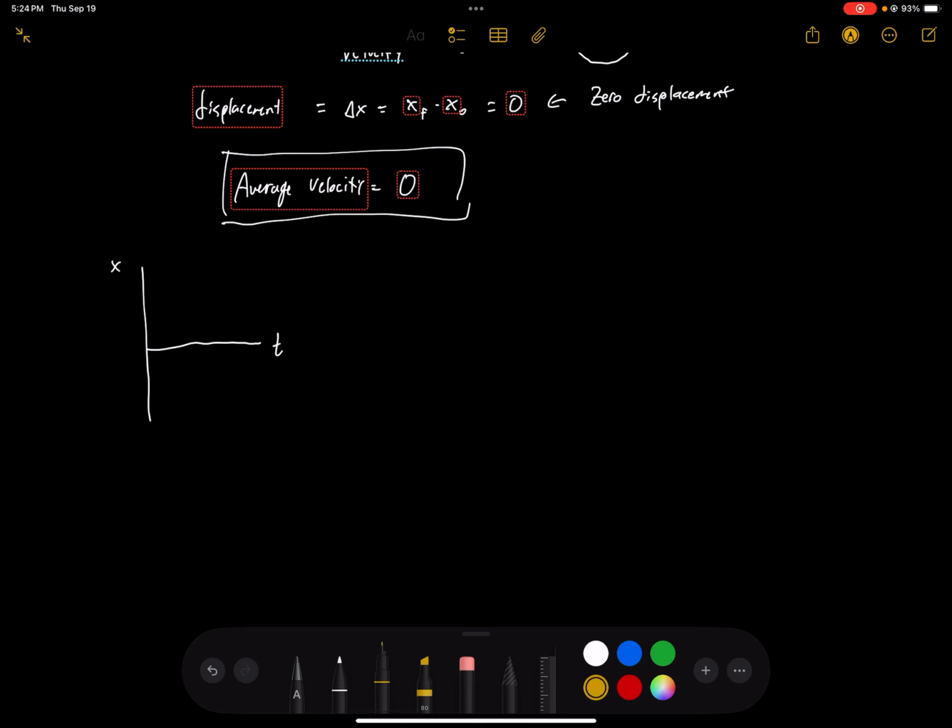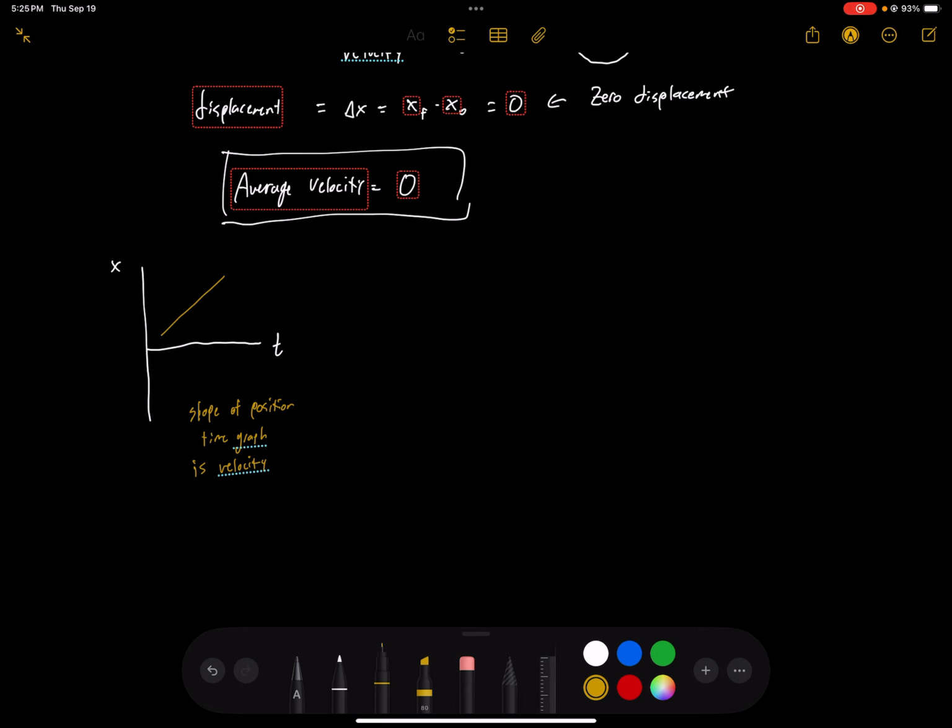Let's say that I have a position time graph that looks like this. Well, we know that the slope of a position time graph is velocity. Here I have a line that has a positive slope, going up and to the right, and that slope doesn't change because that's how lines work.